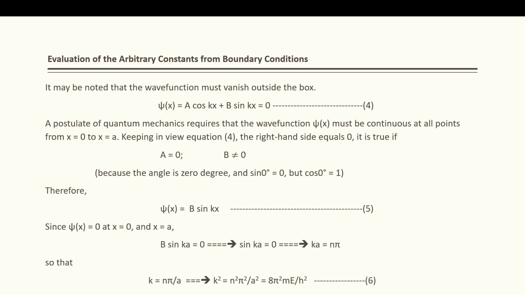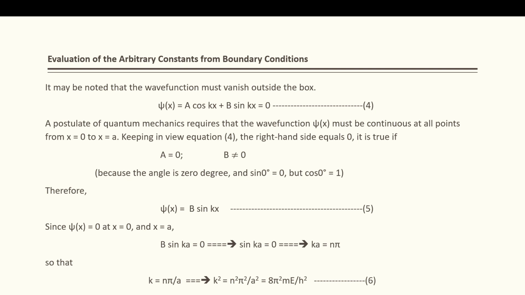In both situations, cos kx cannot be 0. So in order to put first term equal to 0, a must be 0. Sin 0 and sin 180 both are 0. Therefore, b need not be 0. So out of those two constants, a is 0, b is non-zero. Therefore, wave function psi x equal to b sin kx.